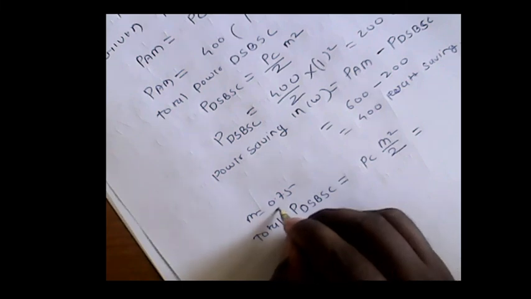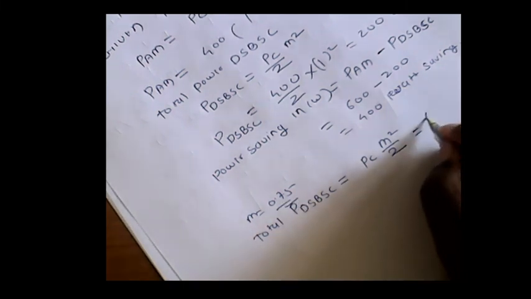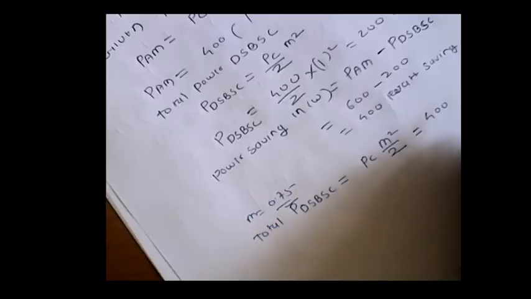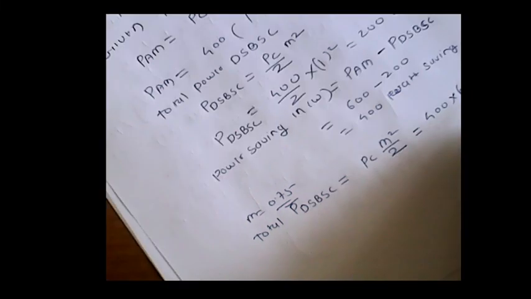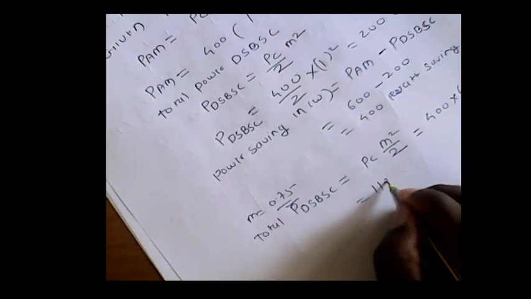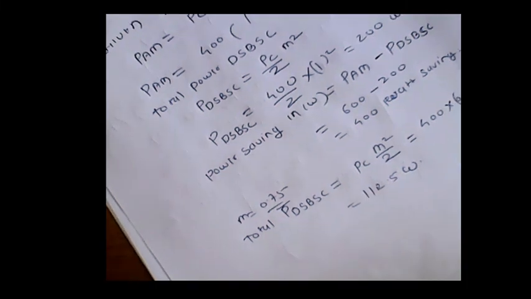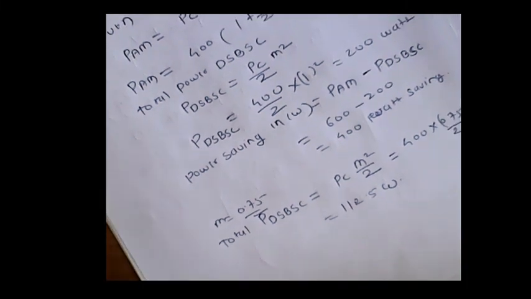So m is equal to 0.75, carrier power 400 watt into 0.75 square divided by 2. So it is 112.5 watt. So the power requirement in this case is lower than the m equal to 1 case.